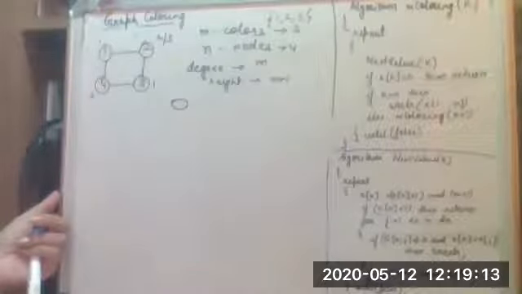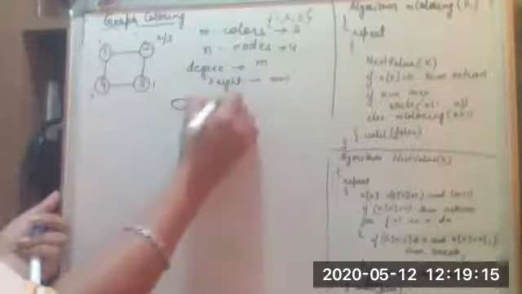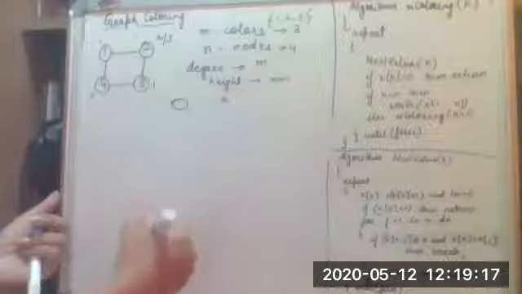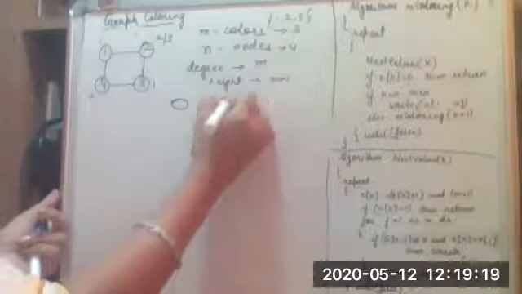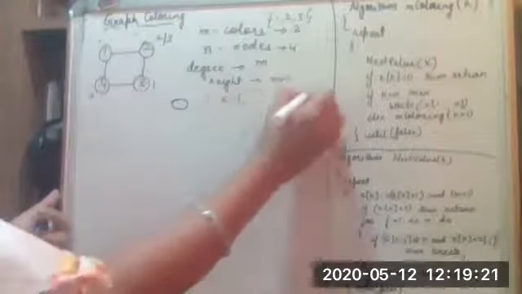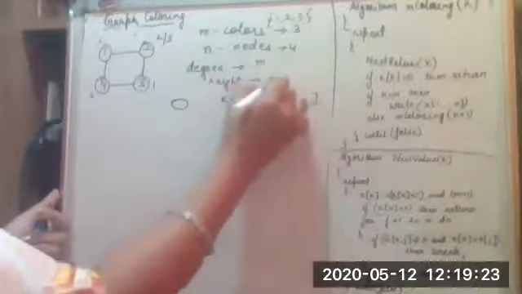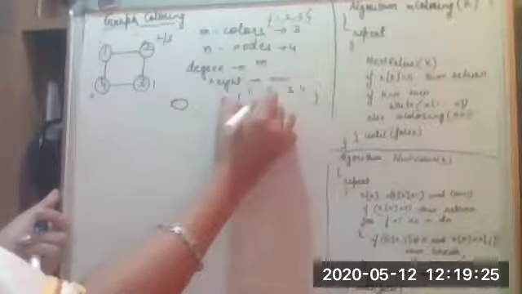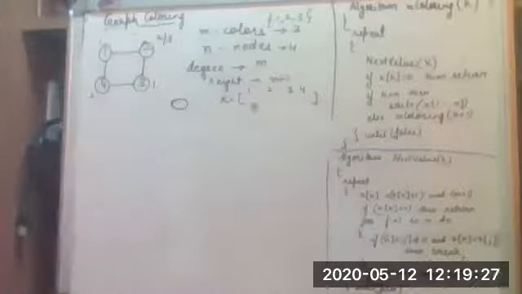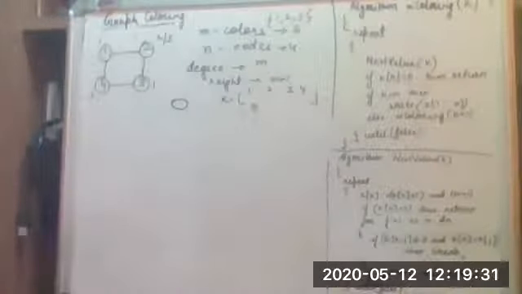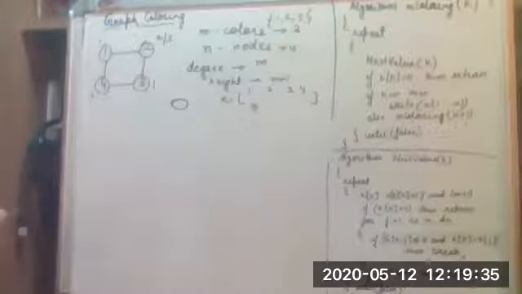And similarly, as we have done in the previous case, we will have an X array for which we will have the values from 1, 2, 3, 4, and xi for the ith node will hold the color of that particular node.